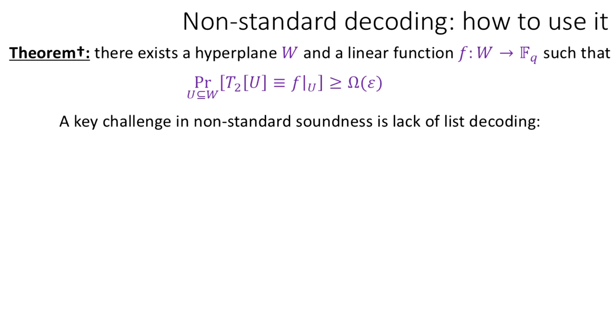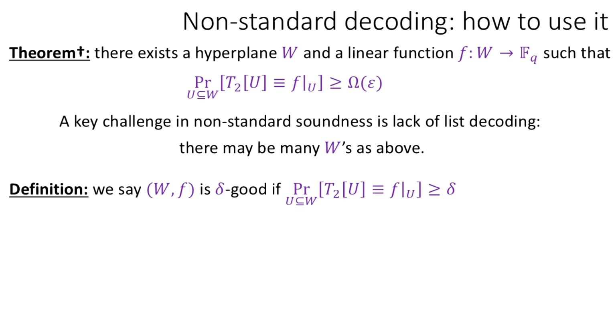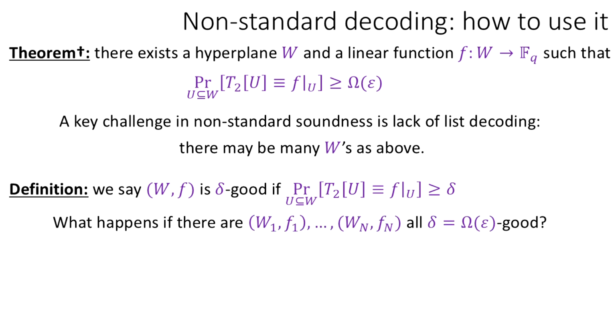So how do you handle that? More precisely, here is a question. We say that a pair of hyperplane function f is delta good if it delta agrees with the tables. And the question is, what happens when you have many, many tuples that are delta good?